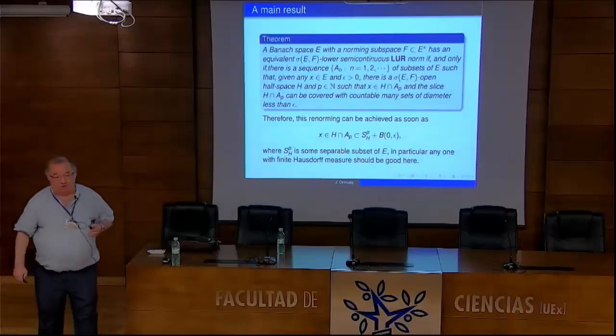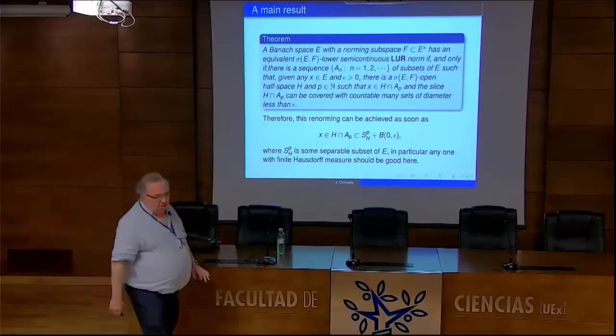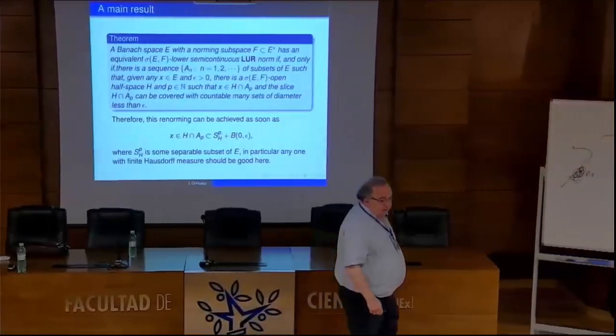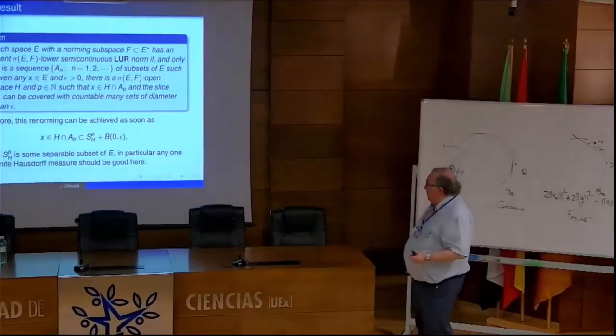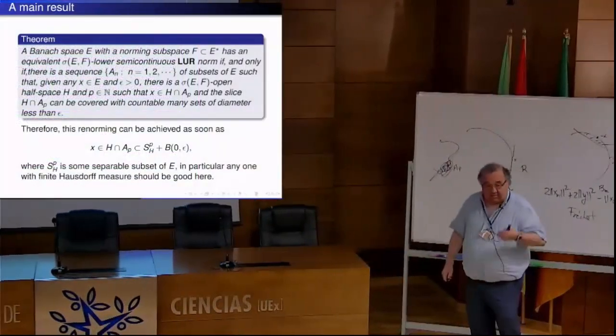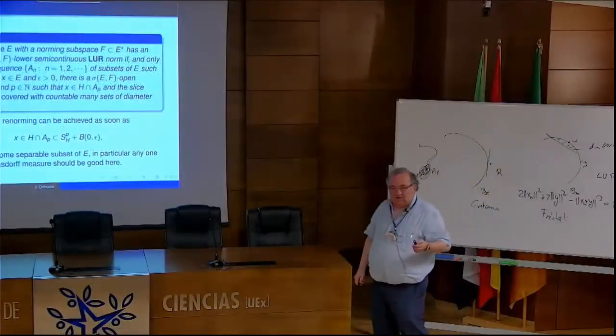All spaces with finite Hausdorff measure are separable, all of them. So this is a very strong result. I began to work with Hausdorff measure, but later I realized that separability is the only thing that we need.